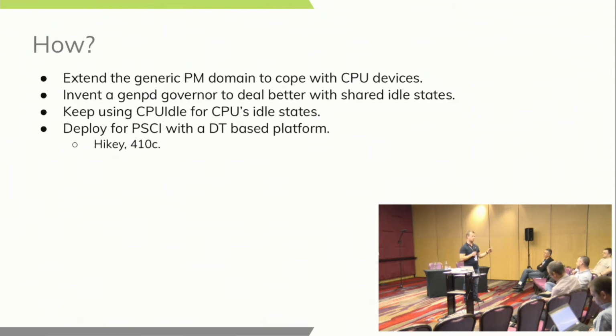So it takes into account the sleep durations for a group of CPUs, and depending on when the closest wake up is for the group of CPUs, you can pick an idle state based on that information. That's in principle what this GenPD governor is doing.